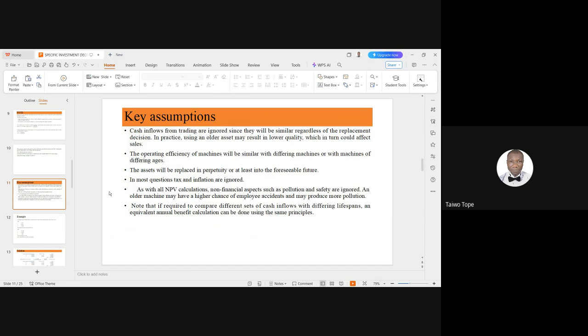As with all NPV calculations, non-financial aspects such as pollution and safety are ignored, and an older machine may have a higher chance of employee accident and may produce more pollution. Note that if required to compare different sets of cash inflows with differing lifespans, an equivalent annual benefit calculation can be done using the same principle.